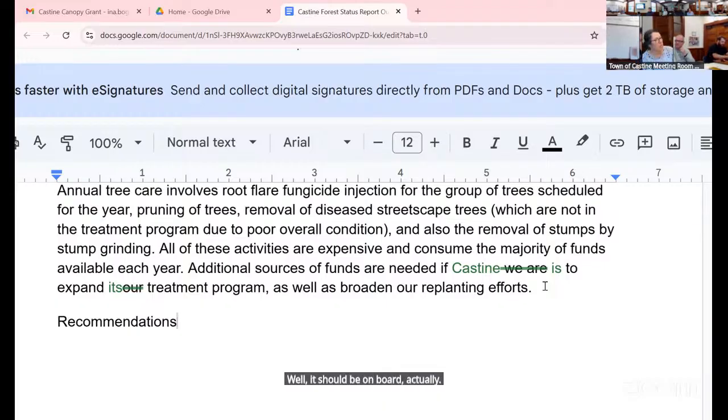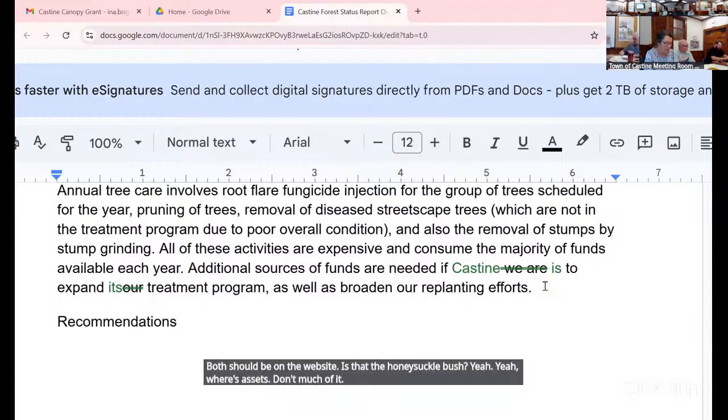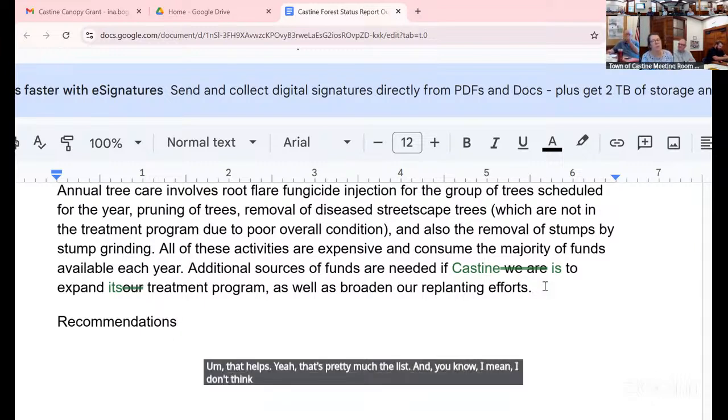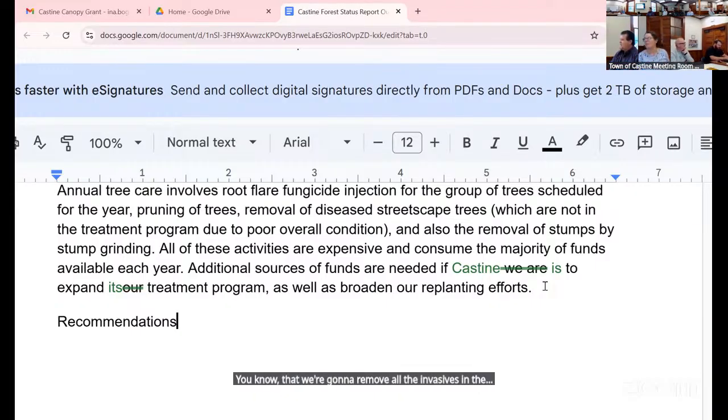Is that the honeysuckle bush? Yeah, where I used to live, there was so much. That helps. That's pretty much the list. I don't think we're under any illusions that we're going to remove all the invasives in the 7.5 square miles of Castine.